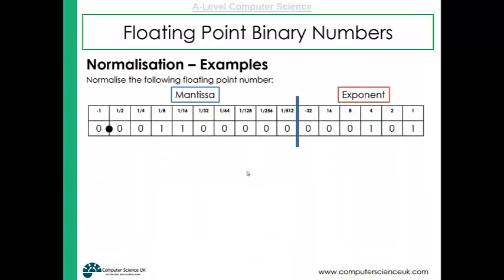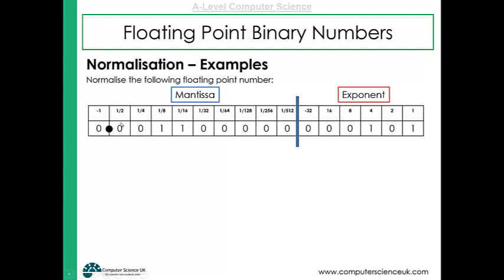Let's normalize the following floating point number. So here you can see that the mantissa is positive. The exponent is 5, so times 2 to the 5. Now if we want to put this floating point value into a normalized form, we need the decimal point to be before the most significant bit, after this 0 here.